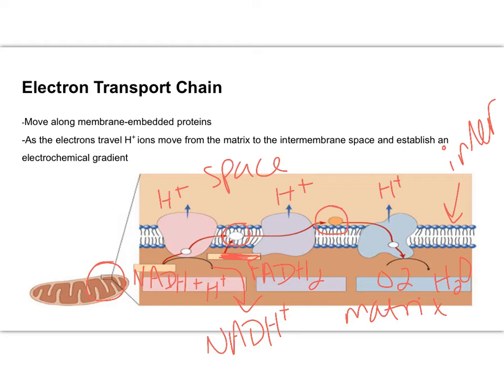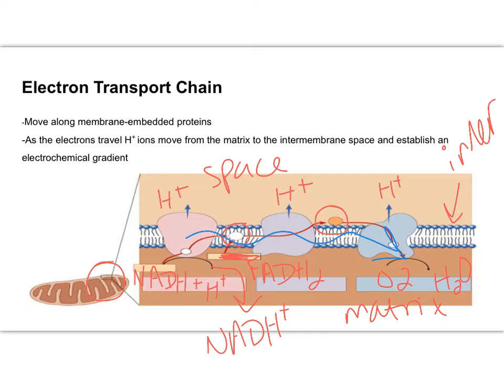It's attracting those electrons. Remember water, how the electrons spent more time around oxygen than they did around the hydrogen because the oxygen was more electronegative. So it's pulling those electrons towards it, which is what is making those electrons move through those proteins in this direction because they're being pulled towards that oxygen.